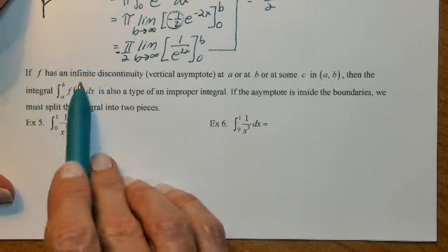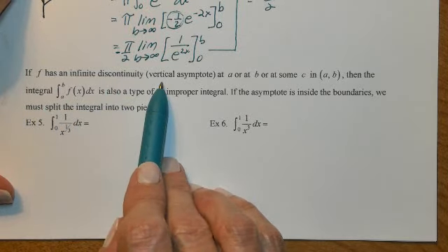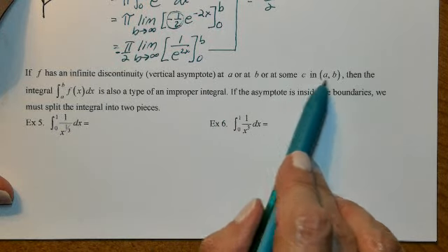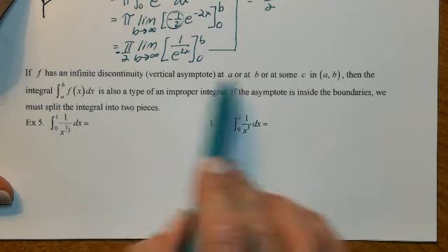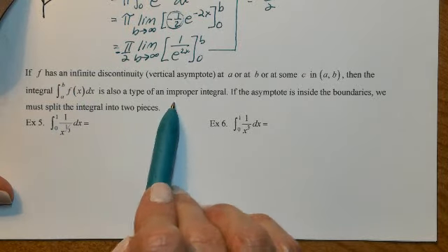If f has an infinite discontinuity, which is another word for a vertical asymptote, at a or at b or at some c in a and b, then this integral is another type of improper integral.